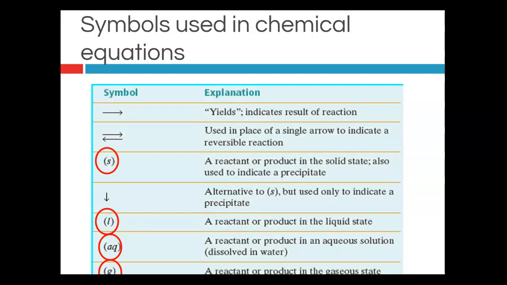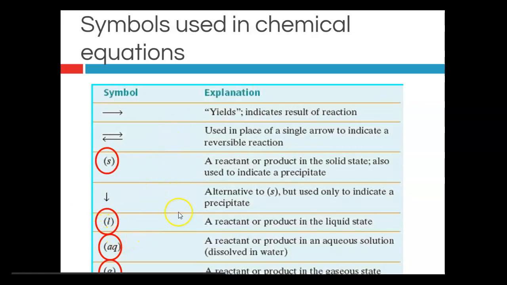The abbreviation aq comes from aqueous solution, but it means that that substance has been dissolved in water, because a lot of solids, for example, sodium chloride, some of our other common salts, they actually won't react unless we dissolve them in water first. And so this is one that we use an awful lot, is that aq.